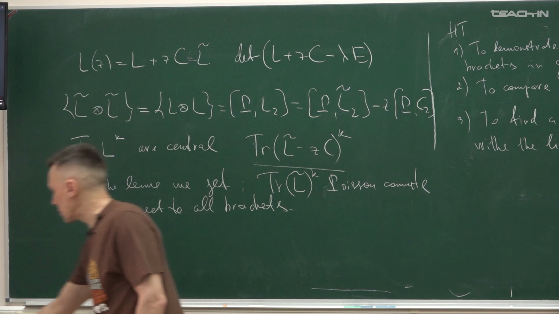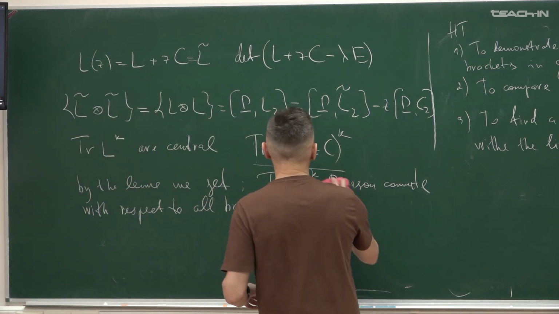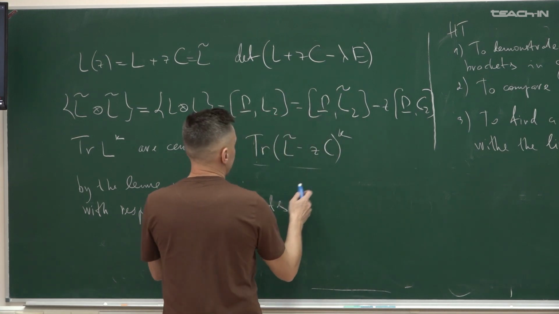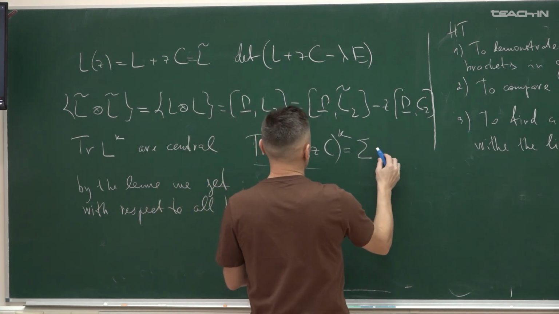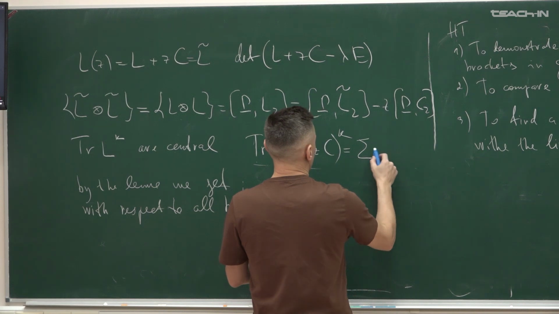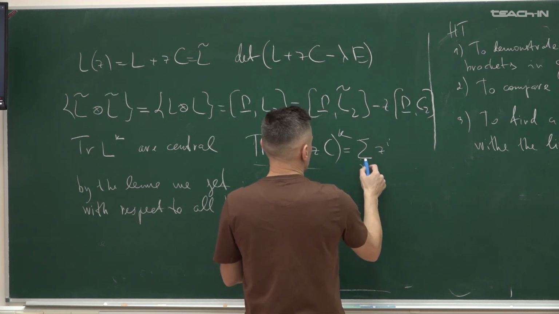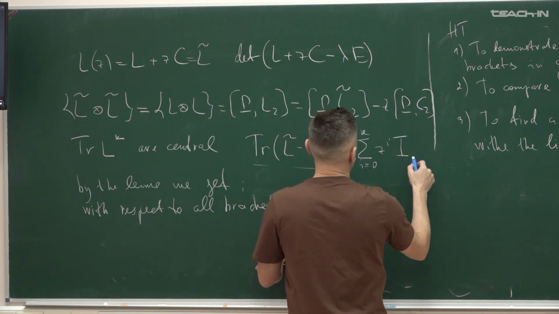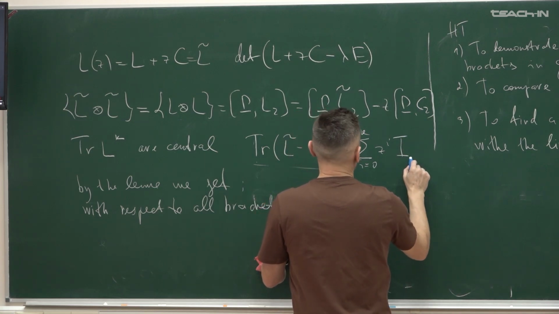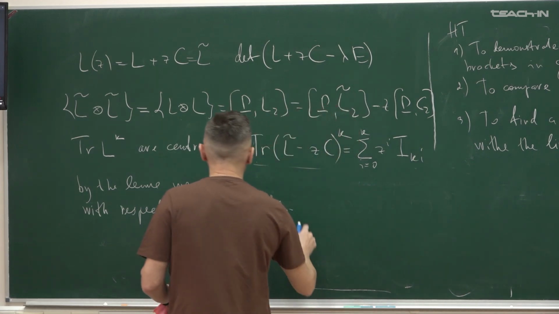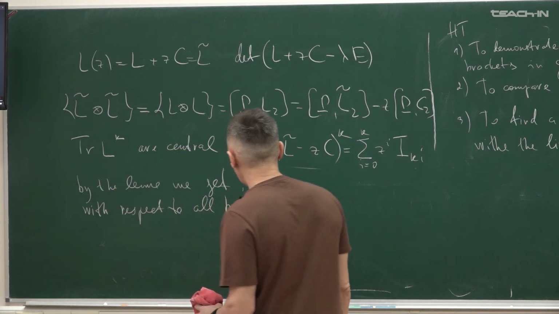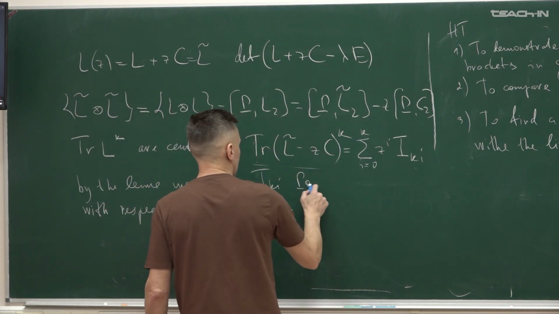I think I need all coefficients. The sum of I from 0 to K, Ki, Poisson commute.